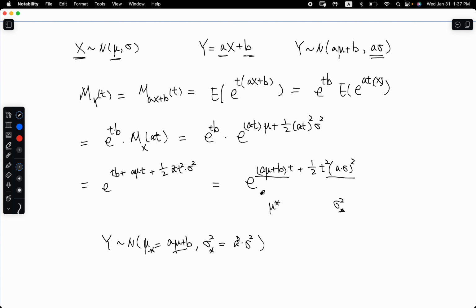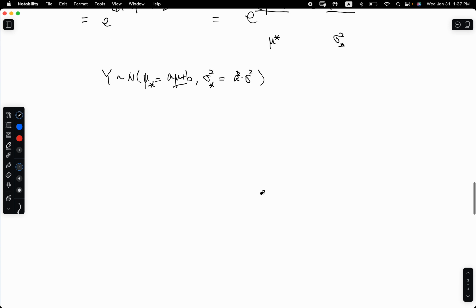Okay, so that should conclude part A. Let's see part B. We have a random variable U following a gamma distribution with parameters alpha and beta.